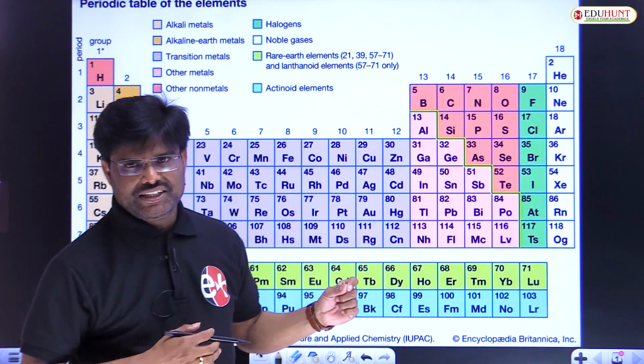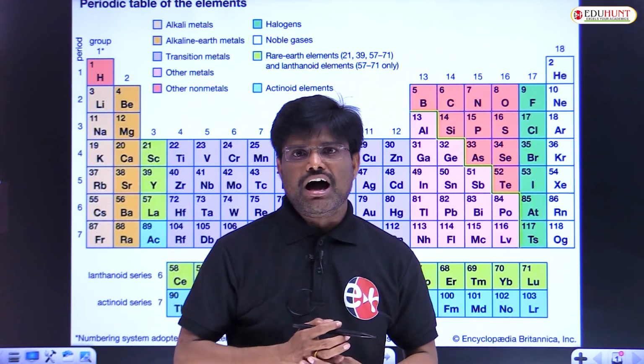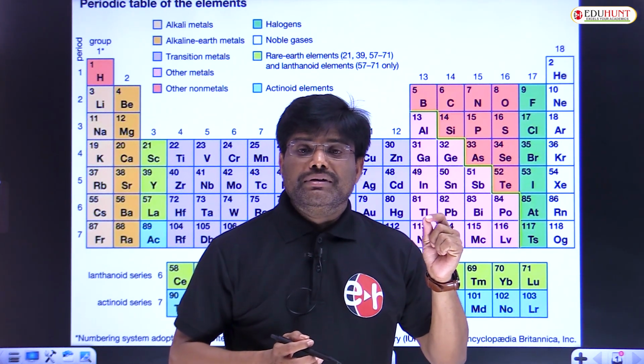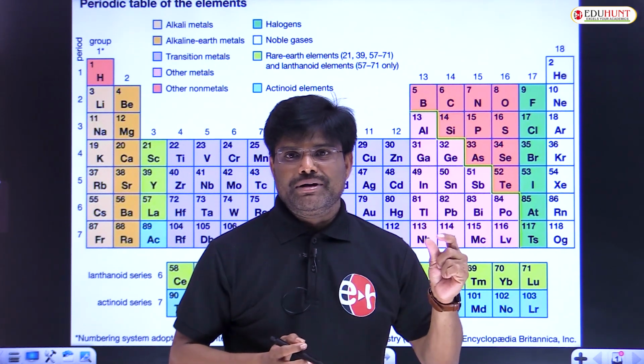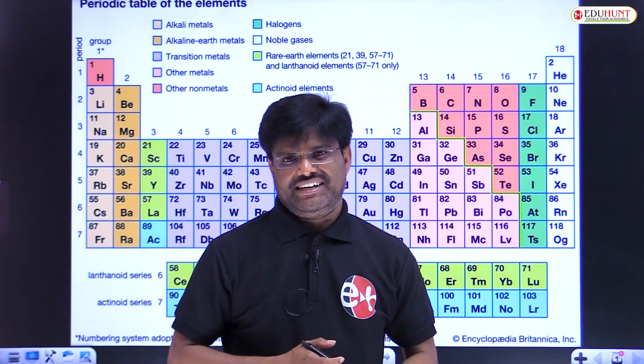The elements in which the differentiating electron enters into the D subshell or D orbital, that means the penultimate shell. The n-1 D orbital is the penultimate shell.